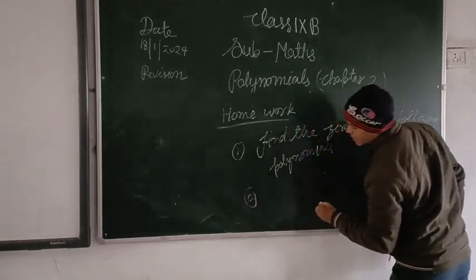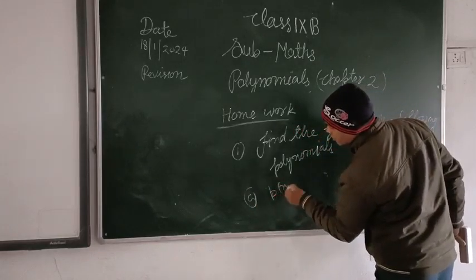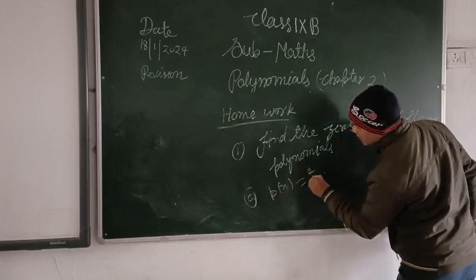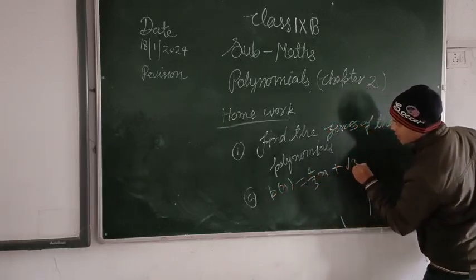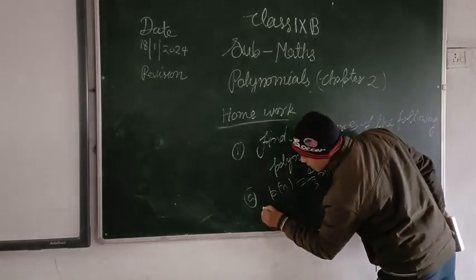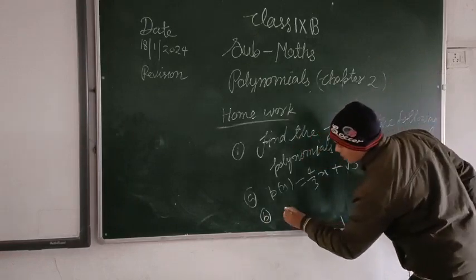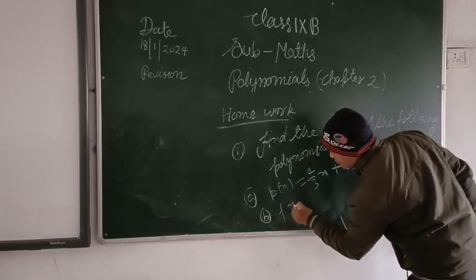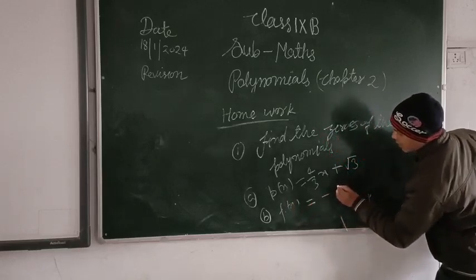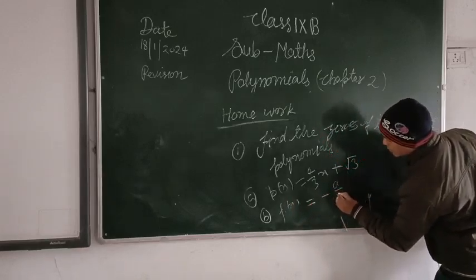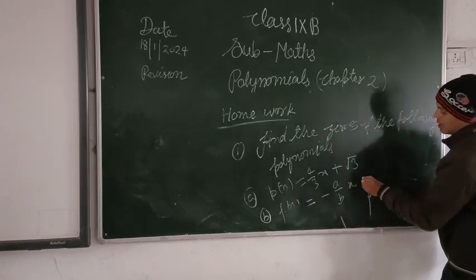That one is p(x) equal to 4 by 3 x plus root 3 b. That one is f(x) equal to minus a by b x minus 7.